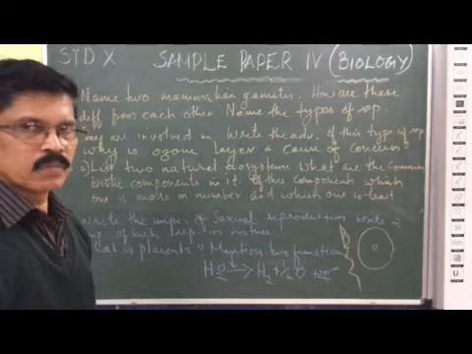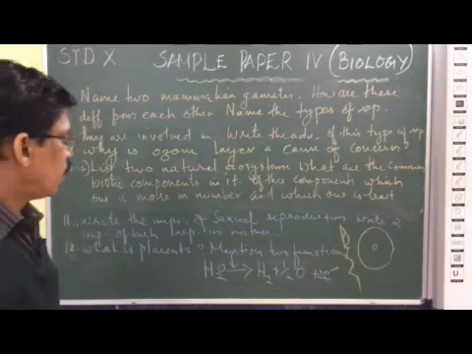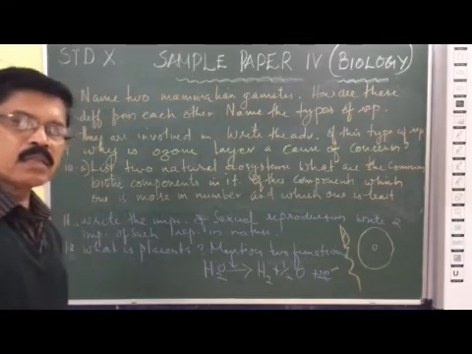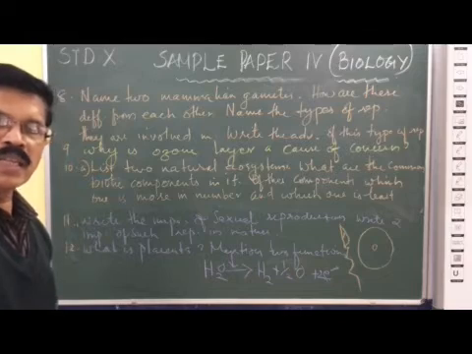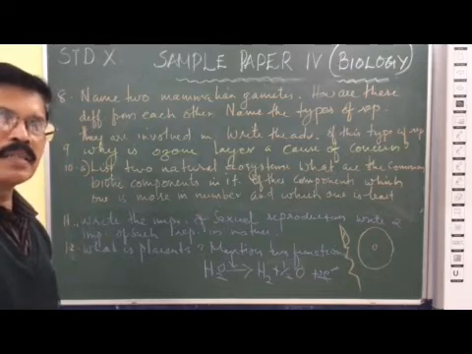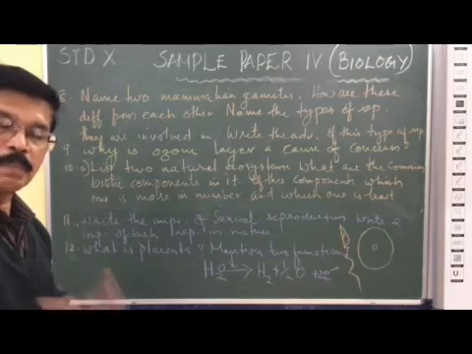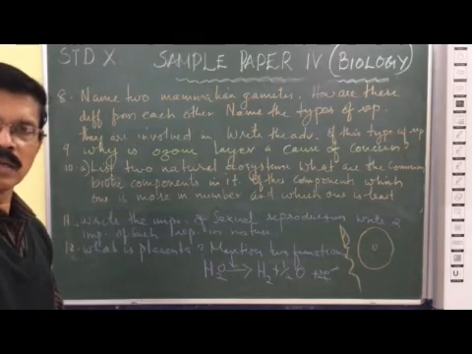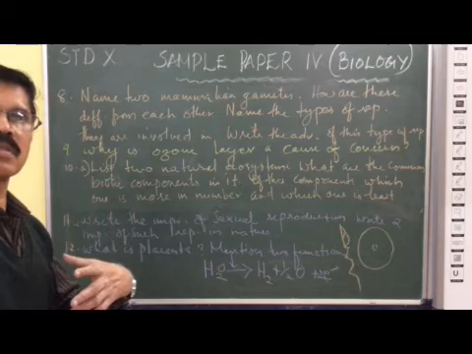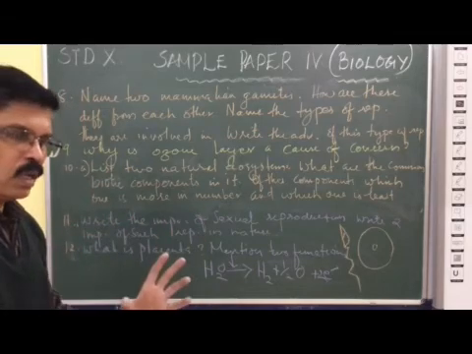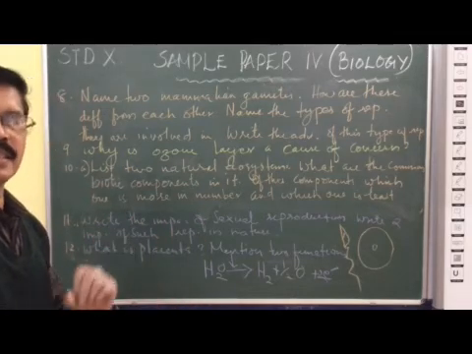Now, what is the importance in nature? In nature, because of sexual reproduction, variation creates organisms of a species that appear similar to each other but different from the organisms of other species. So each species has an identity.